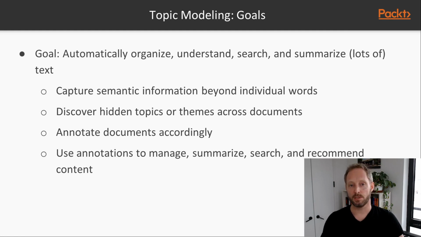And we can use these annotations then to not only manage but also search documents in a more meaningful way, because maybe the query that we make contains only a few words, but it's really closely related to a larger topic to which a bunch of other words are related. So it would be much easier to make good recommendations if we were able to capture these semantic implications and recommend content based on that.